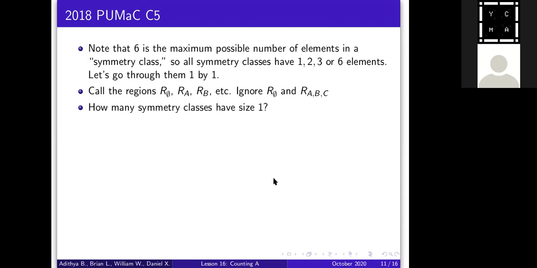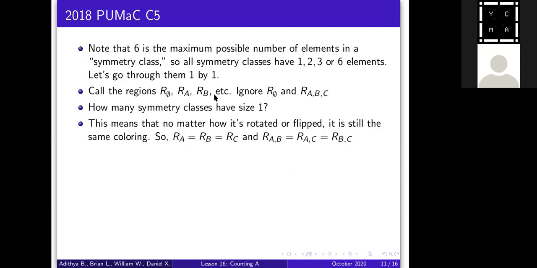So how many symmetry classes have size 1? So this means that no matter how we permute A, B, and C, they're always invariant. So what this means is that we can permute A, B, and C arbitrarily, and all the regions are still going to be colored the same.